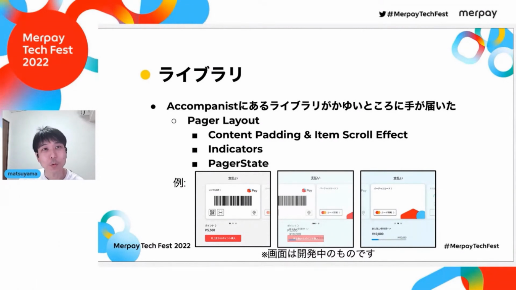Also, there were requirements that cards that are not centered with spacing between them would be slightly translucent, and we realized that requirement with a content padding and item scroll effect. Indicators are realized as well. There was a requirement that the area under the card crossfade according to the progress of card switching, but I was able to achieve that by using the page switching progress information in the page state.